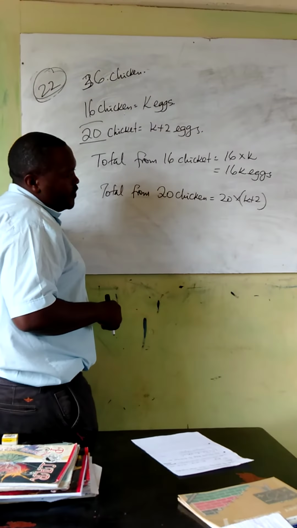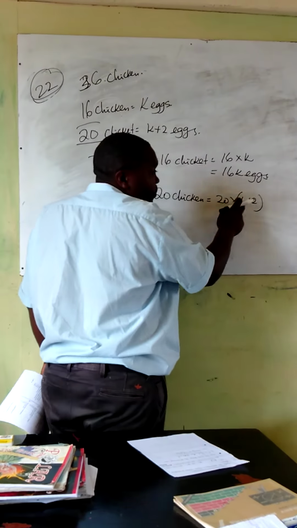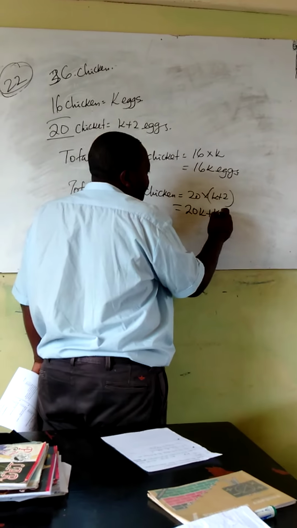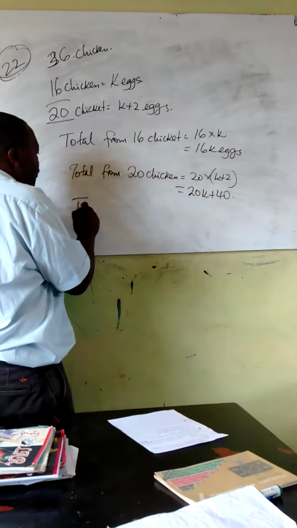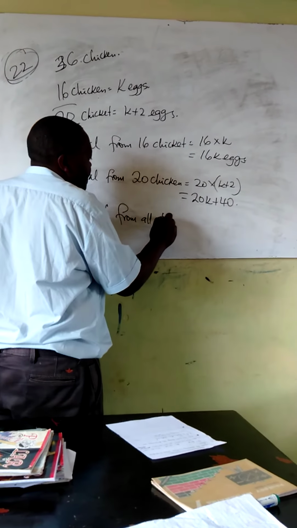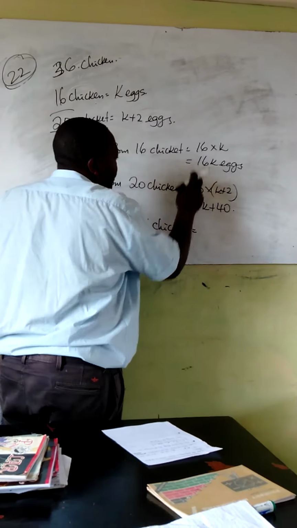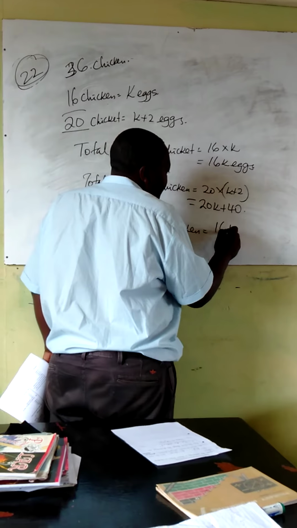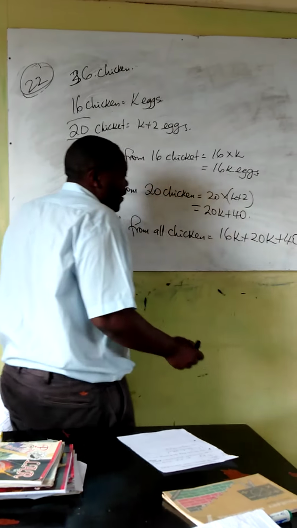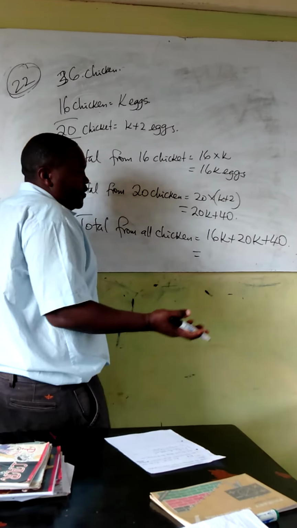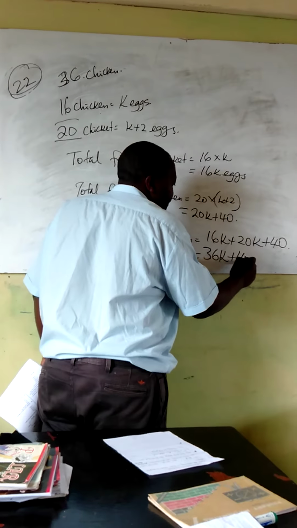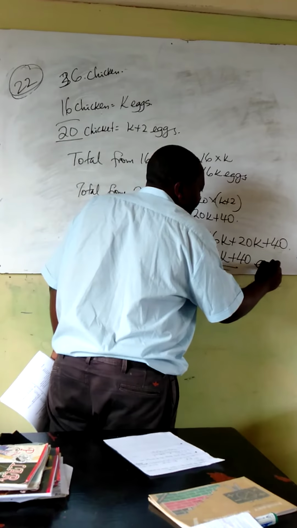And remember, the multiplication applies to both terms. So once you open up the brackets, it will be 20K plus 40. So the total for the week from all chicken will be equal to the ones from the 16 chicken added to the ones from the 20 chicken, that will be 16K plus 20K plus 40. Put the like terms together, we have 36K plus 40 eggs that will be laid for the week.